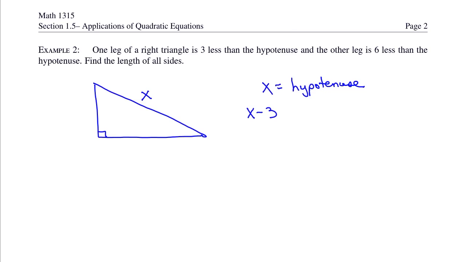The other leg is 6 less than the hypotenuse, so that's x minus 6. X minus 6 is the shorter of the two lengths, so we'll call that the short leg, and x minus 3 the long leg. And we mark our picture appropriately.